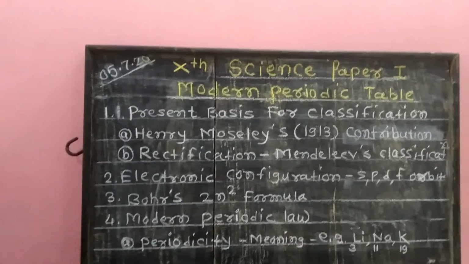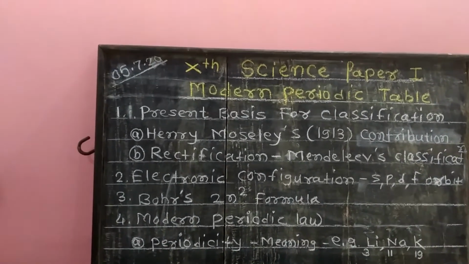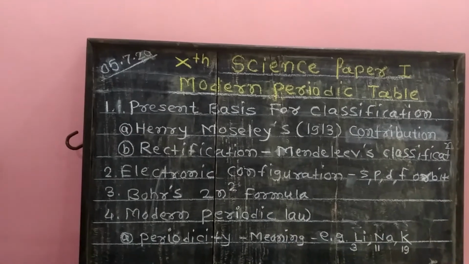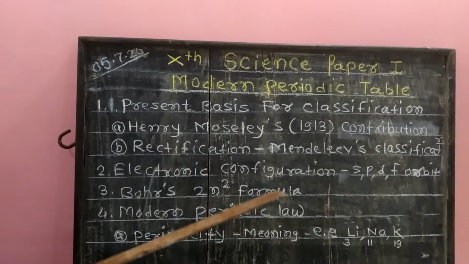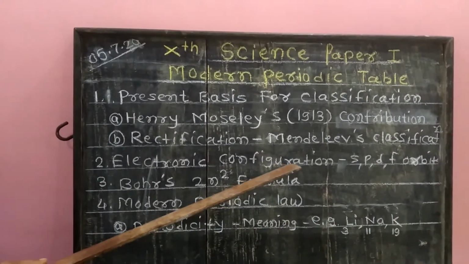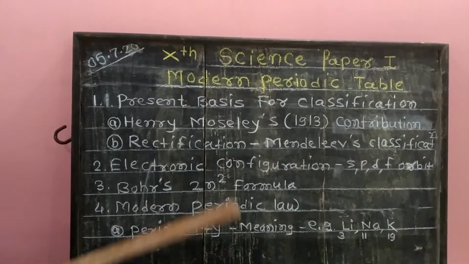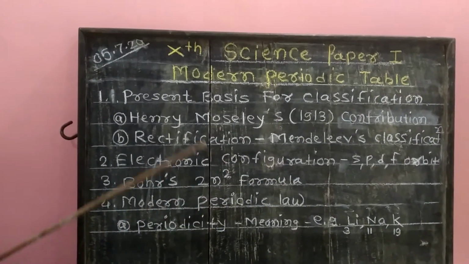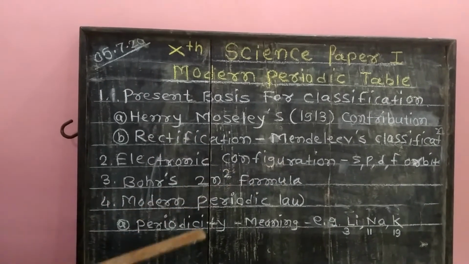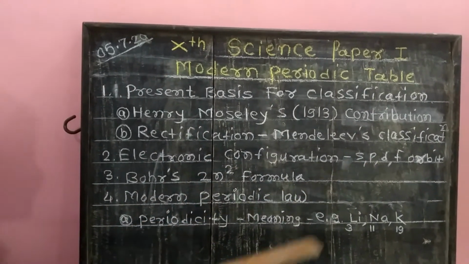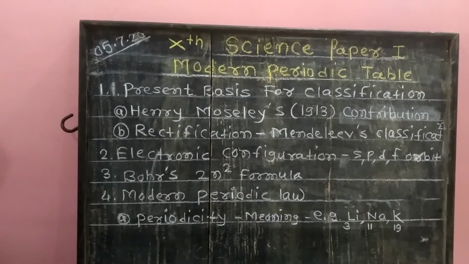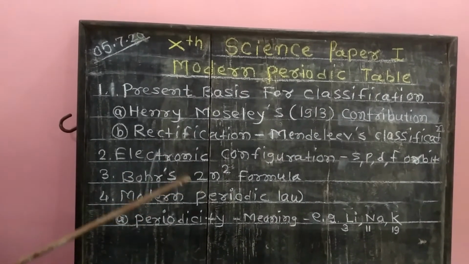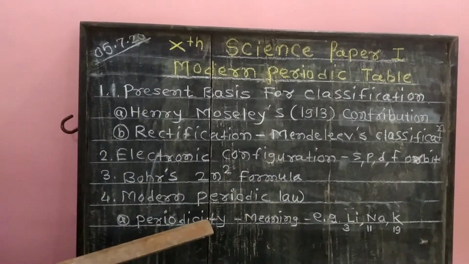The s orbital has a spherical shape, whereas the p orbital has a dumbbell shape, d has a four-lobe structure, whereas the f orbital has a complicated three-dimensional shape.